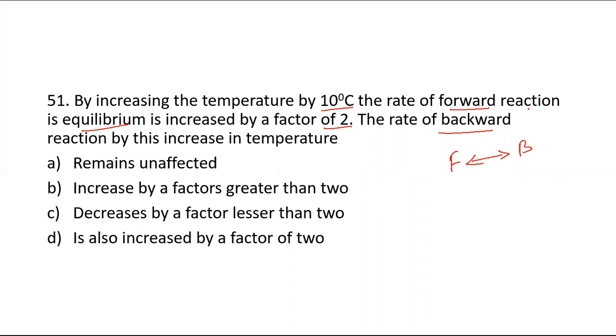What they are saying here is that the forward reaction is increasing by a factor of 2, so at the same time, since it is in equilibrium, the backward also increases by 2. Therefore, option D is more relevant to this question than option A. Here you might have got confused. Remains unaffected, yes, it is remaining unaffected, but it is increasing by 2. Therefore, in the backward direction also it increases. Therefore, option D is correct.